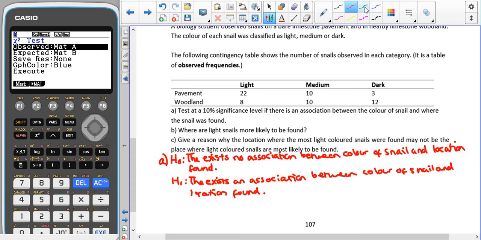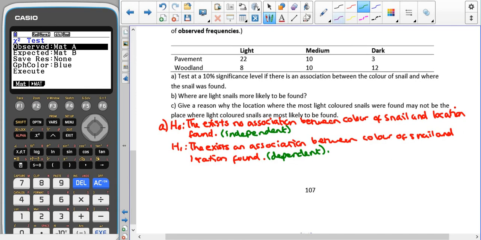Now, some people prefer to write about independence and dependence. No association is saying that they are independent, and an association means that they are dependent. So you may have seen it like this in some textbooks.